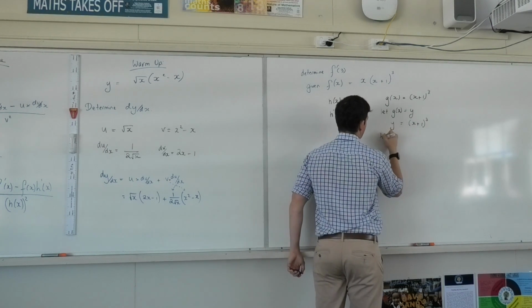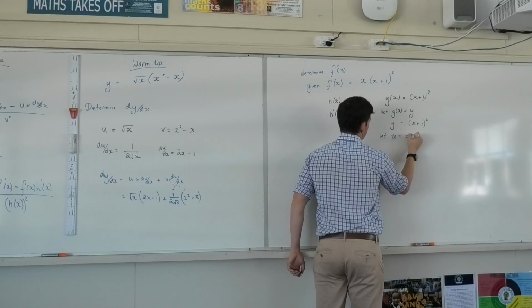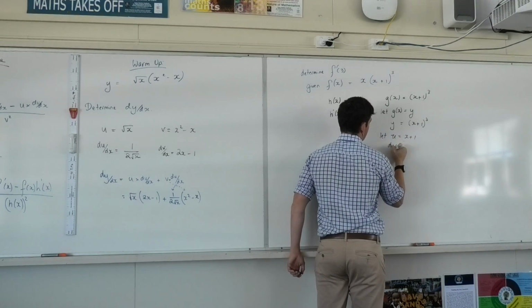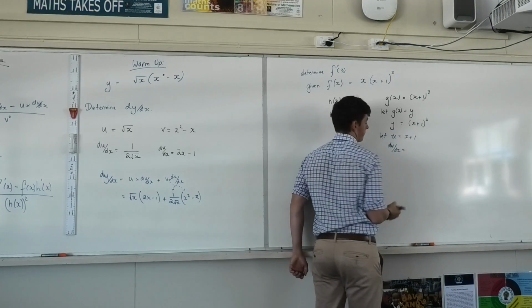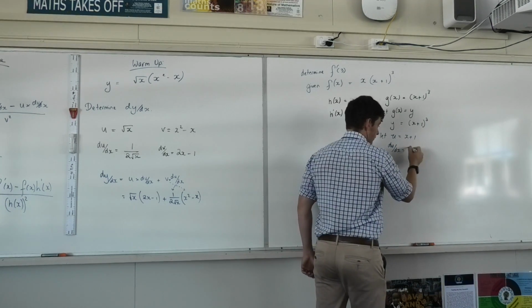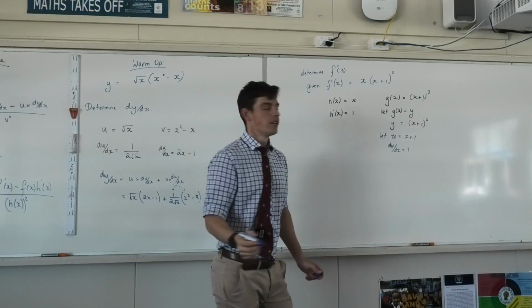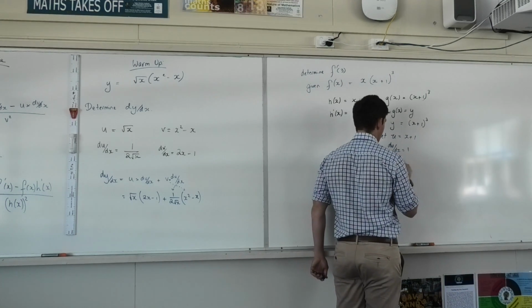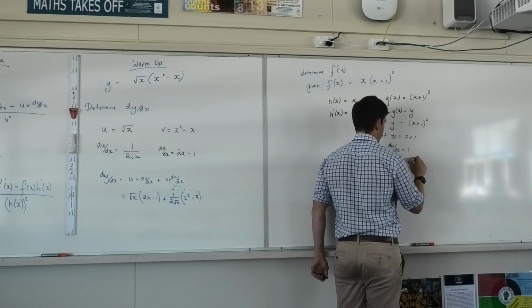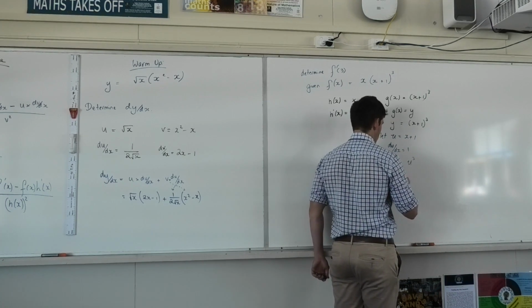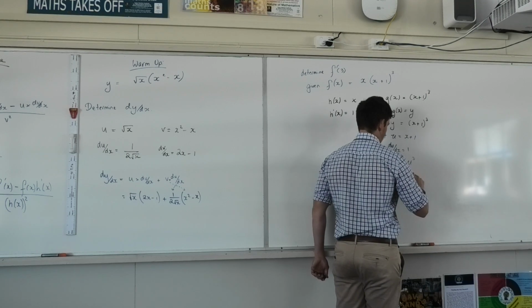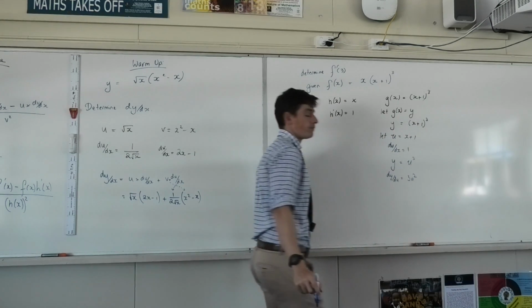Let u equal x plus 1, du/dx equals 1. I know y now equals u to the power of 3. dy/du equals 3u squared.